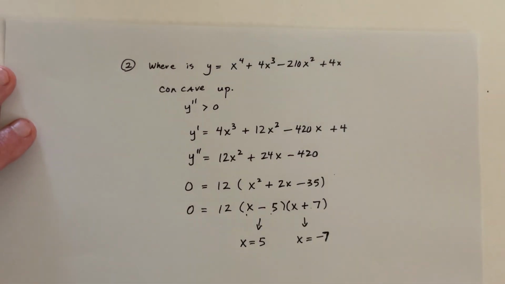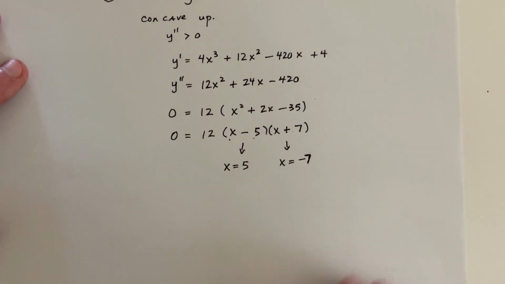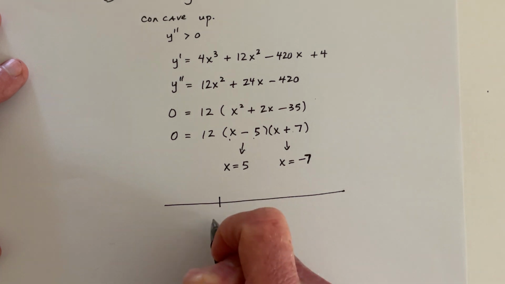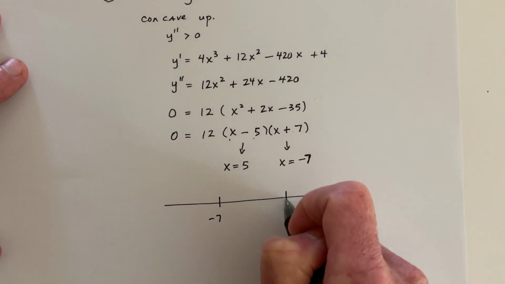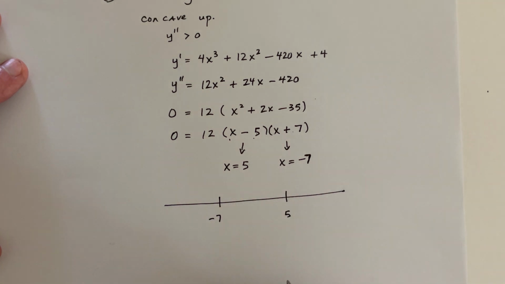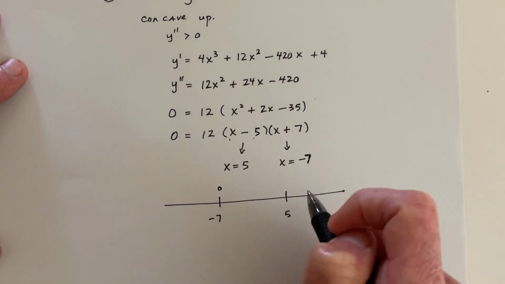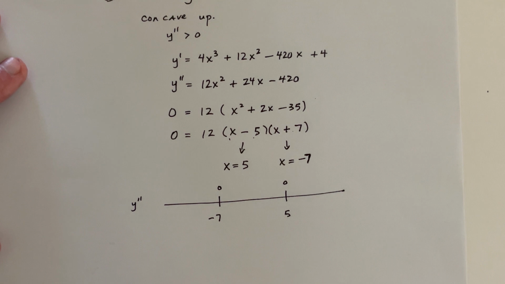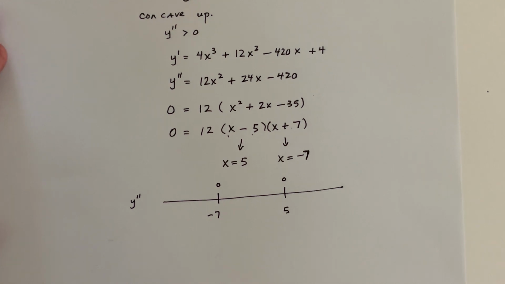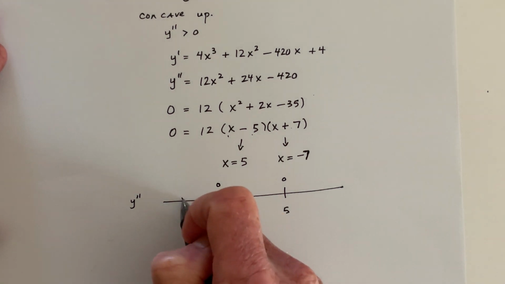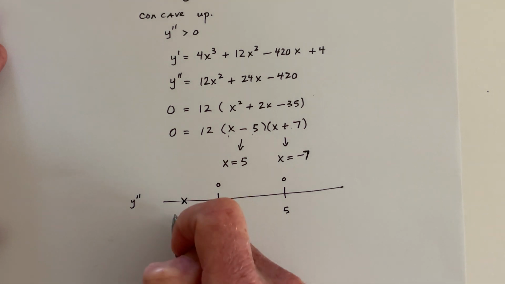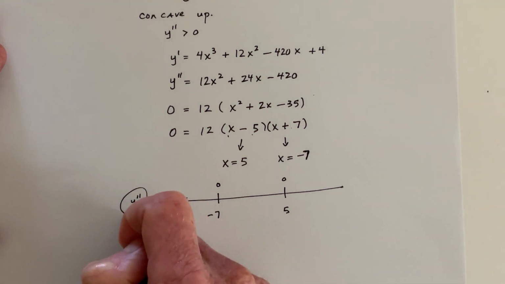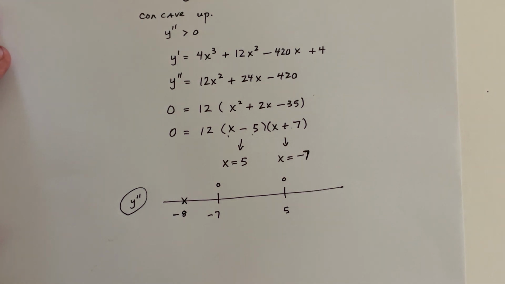Now, another thing you could do if you don't trust the graph is make a number line and say one important number I got was negative 7. The other one I got is 5. And the second derivative equals 0 here and here. And then you could pick a test number over here, like negative 8, and plug that into the second derivative and see if it's positive or negative.